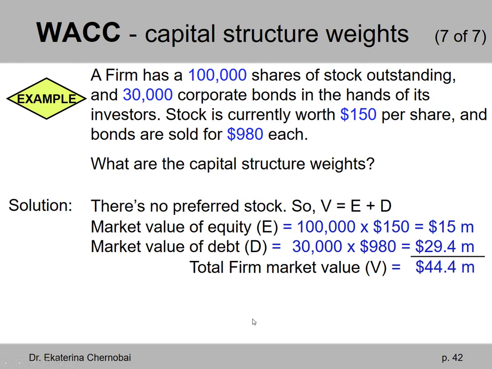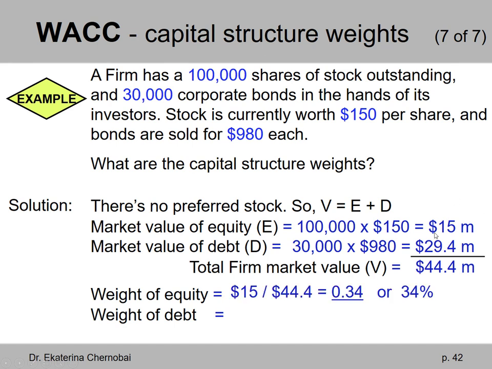And then we have everything we need to find the weights. Weight of equity and weight of debt. Weight of equity is the percentage or the proportion of the market value of equity out of the total market value of the firm. So we take 15 million and divide by 44.4 million, which gives 0.34 or 34%.